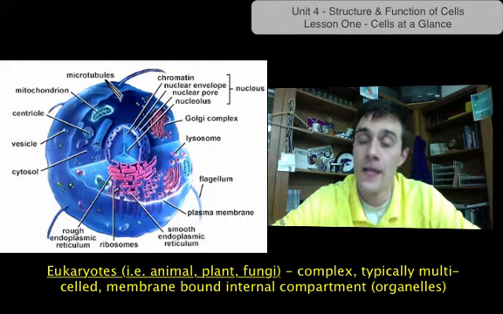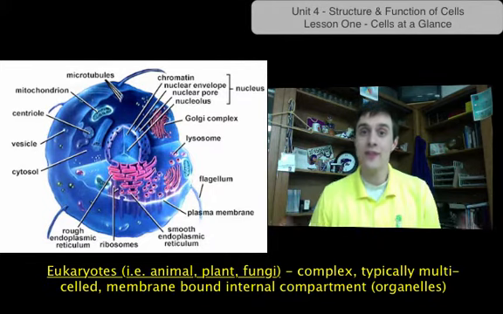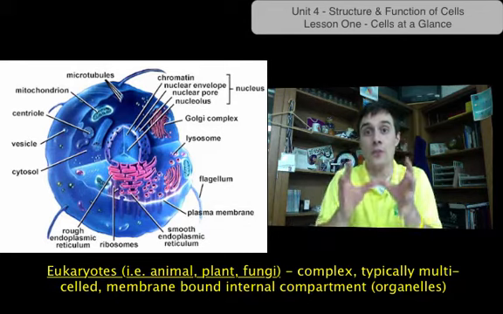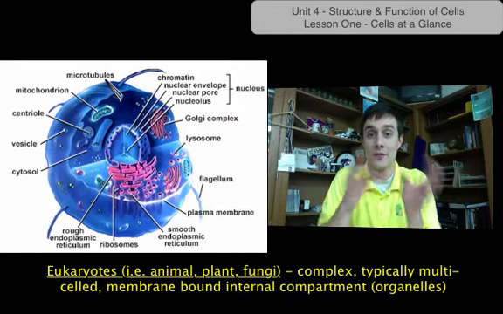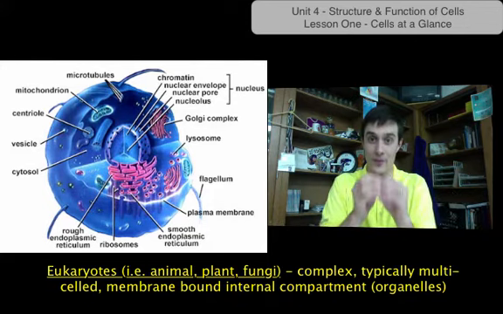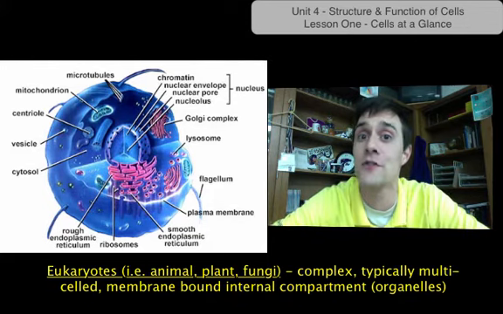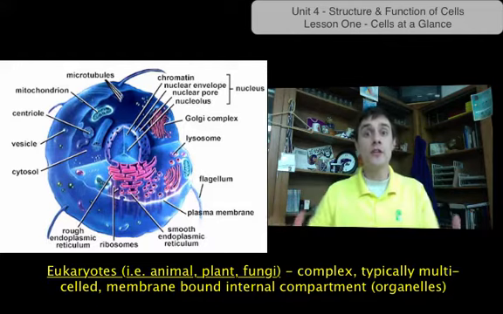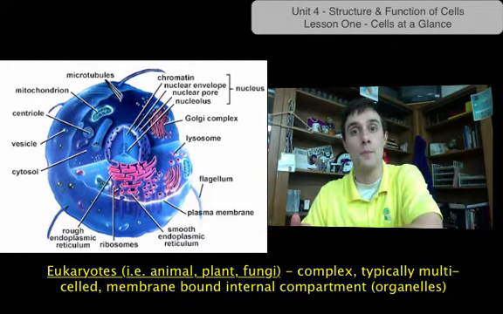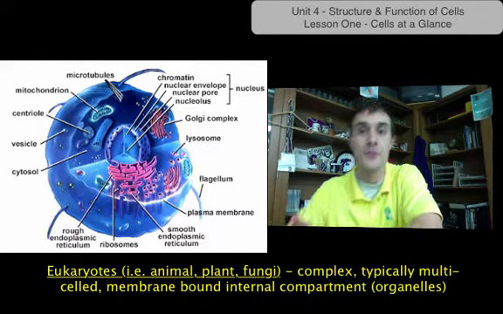Eukaryotes have organelles. They have separate little internal compartments that have cell membranes surrounding them that help to regulate what enters and exits that little compartment, and then have that compartment carry out a specific function or specific job. So the major difference between proks and euks: eukaryotes have organelles, membrane-bound internalized compartments.